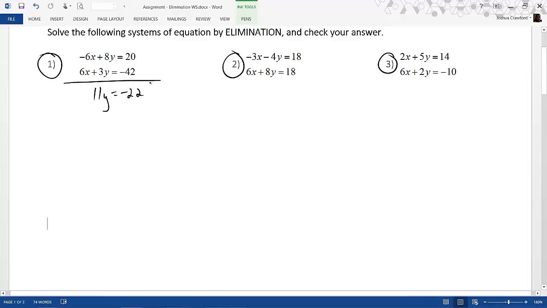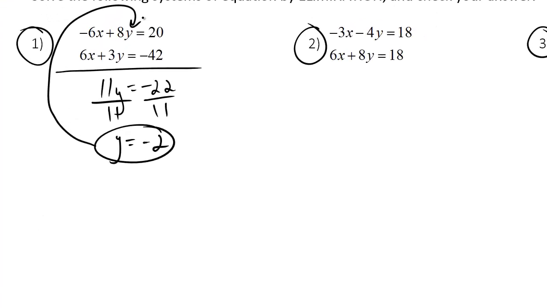Now to get y by itself, we're going to divide by 11, and y equals -2. To get x, we need to plug this y back into our equation and solve for x. So -6x plus 8 times y, which is -2, equals 20.